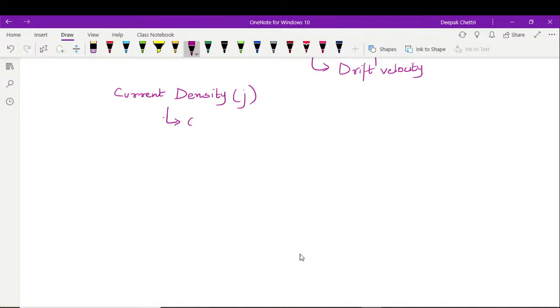This is defined as the current per unit area, and therefore J will be equal to, by definition, I divided by A. Just now we found a value for I, which is nEAVd divided by A, right? So the answer is nEVd. So this is your current density.